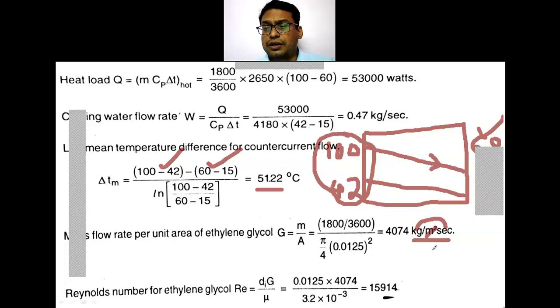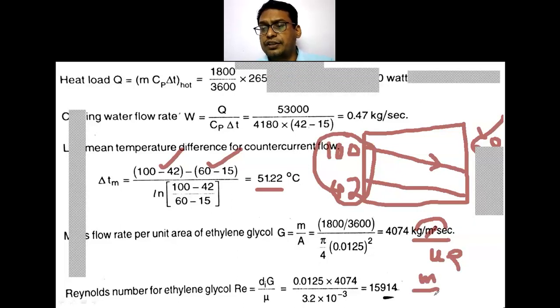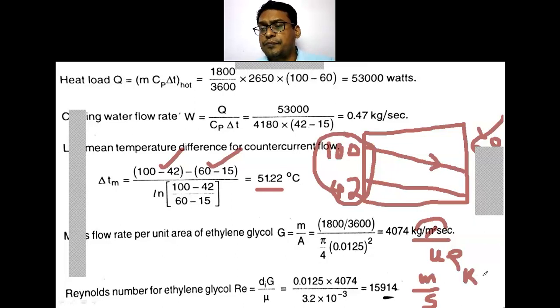And this is nothing but U into rho, where U is the velocity in meters per second and density has the units of kg per meter cube.